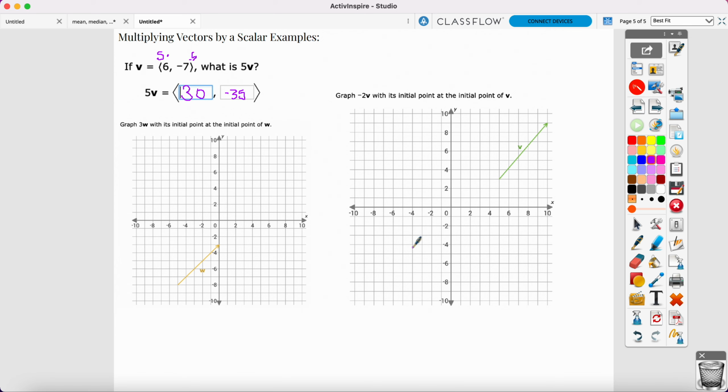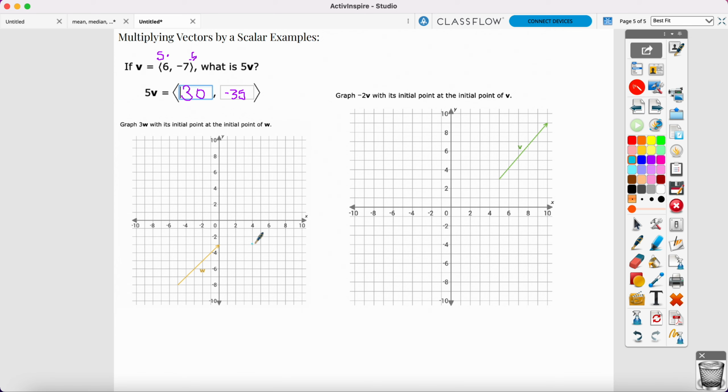If we want to graph a vector that's multiplied by a scalar, this time we have vector w, and we're supposed to graph 3w, which means we just need this vector at 3 times the length. So if we go from here to here on this vector, we are going right 5 and up 5.